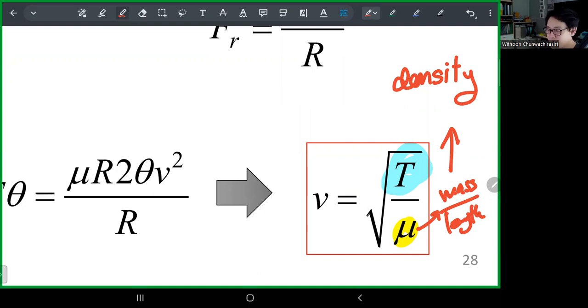Cool? All right. So that means if you have a piece of paper, and your assumption is that this piece of paper has no thickness, you care about the two-dimensional object, the mass per area will be your density. Make sense now?